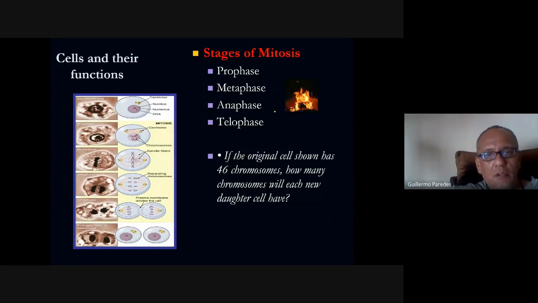The stages of mitosis: we have the prophase, the metaphase, the anaphase, and the telophase. That's all I want you to remember. But there's probably one more thing. When you have some genetic disorders, let's talk about Down syndrome.